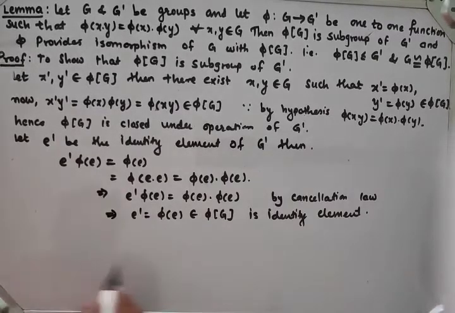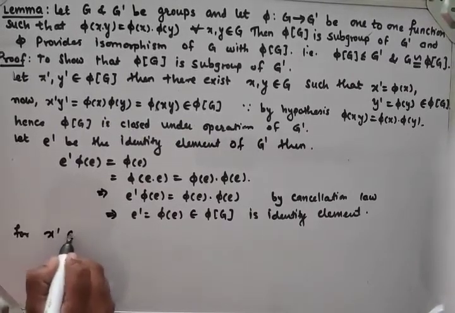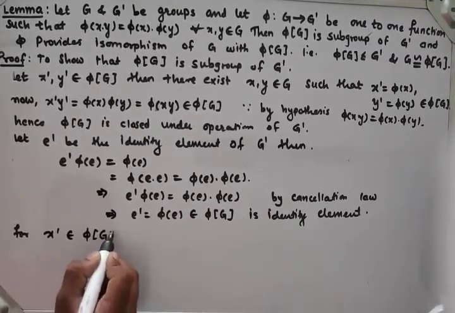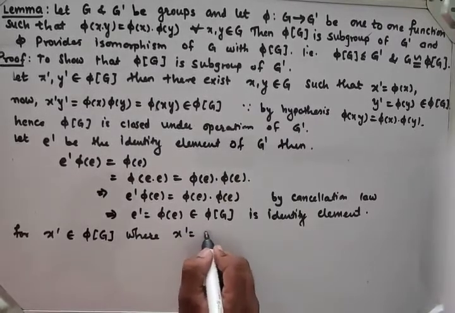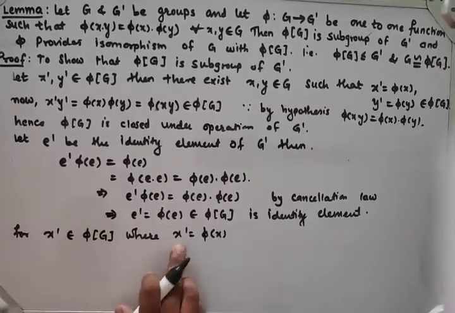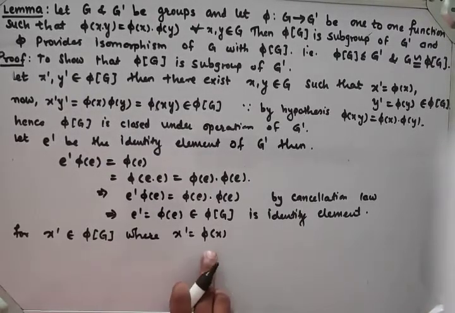Now last, to show that there exists an inverse element. For inverse, let x dash belong to phi of G, where x dash is an element of the form phi of x, because phi of G has elements of the type phi of x, right?